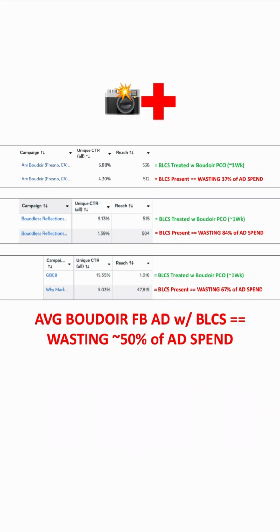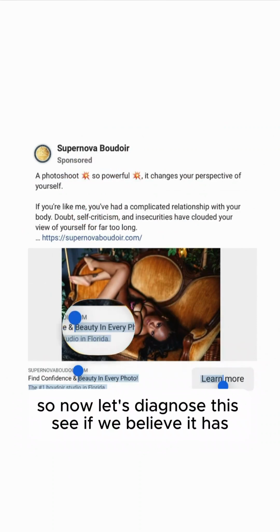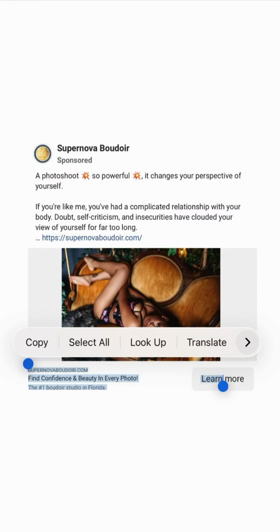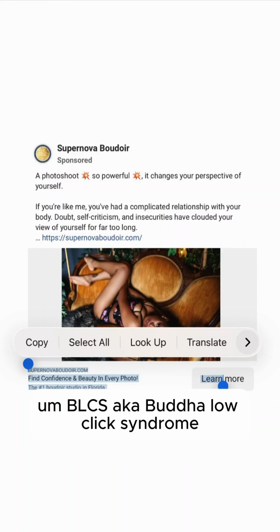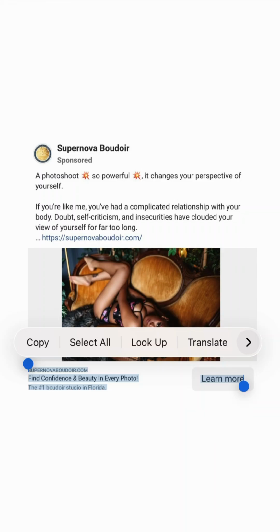of its ad spend. So now let's diagnose this, see if we believe it has BLCS, aka boudoir low click syndrome. So looking at here, we got the below creative cluster mistake.